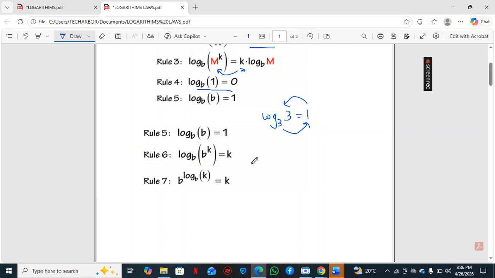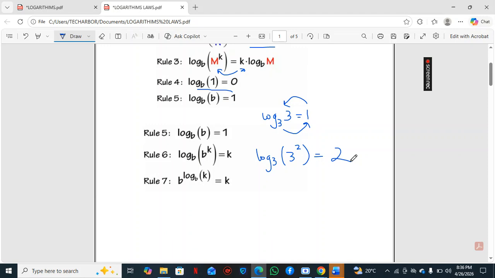For rule number 6, this is a situation, let's say, for example, you have log base 3 of 3 raised to the power 2. If you have such a situation, your result is just going to be 2.